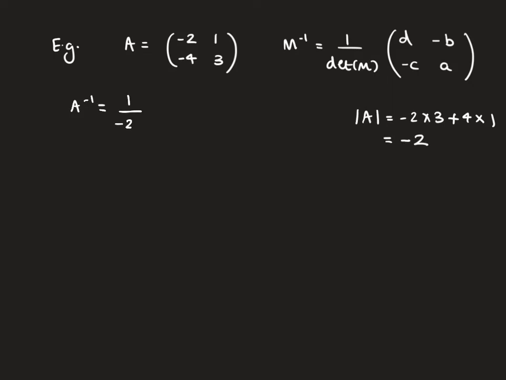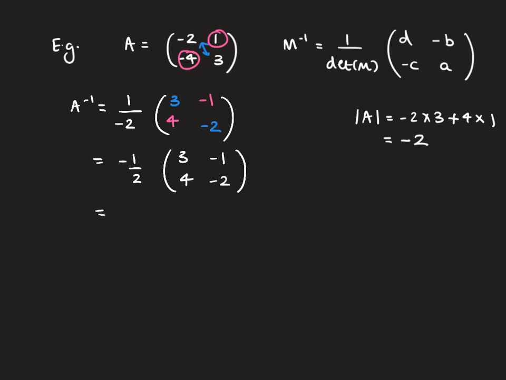So we have 1 over negative 2, and then let's remember the rule, we want to swap over these two components, so that's 3 and negative 2, and then we need to change the signs of these components, so that's negative 1 and 4. And I'd probably just tidy that up a little bit, negative a half, 3, negative 1, 4, negative 2.